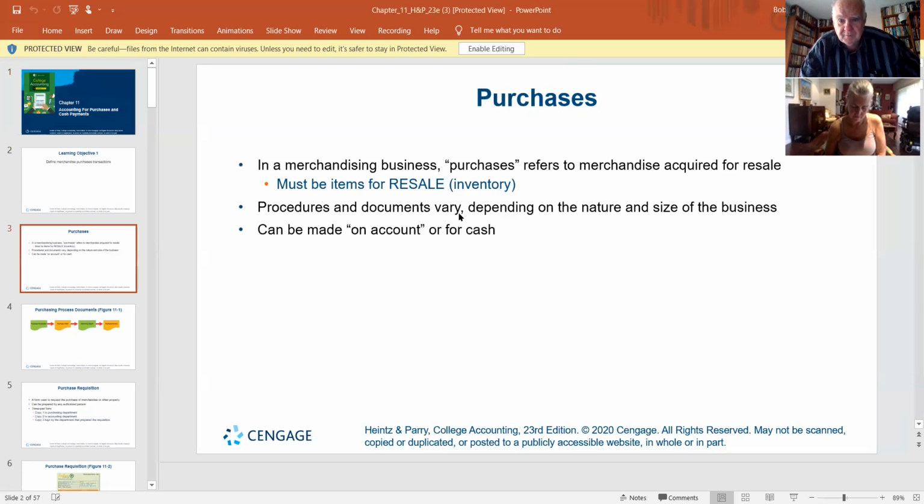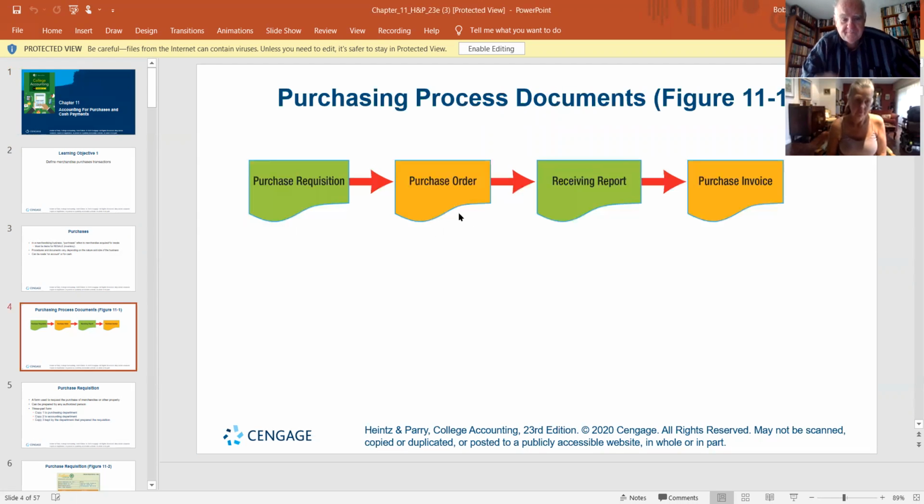Purchases. What are purchasing activities? These are the forms usually used in ordering something at a bigger company. On the test, they like to ask you about these different forms. A purchase requisition is just a request to buy something. You fill it out and hand it to your boss.